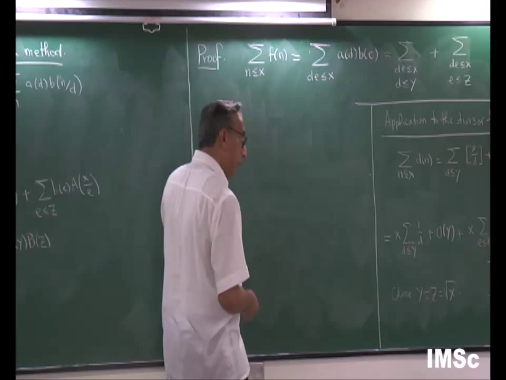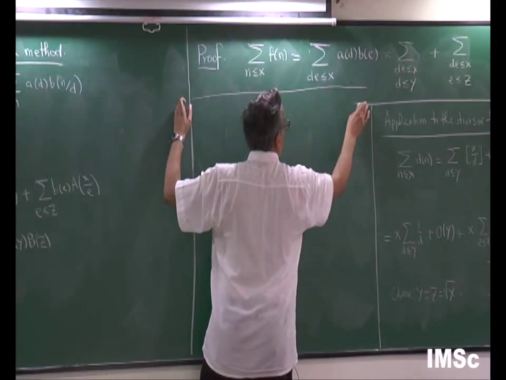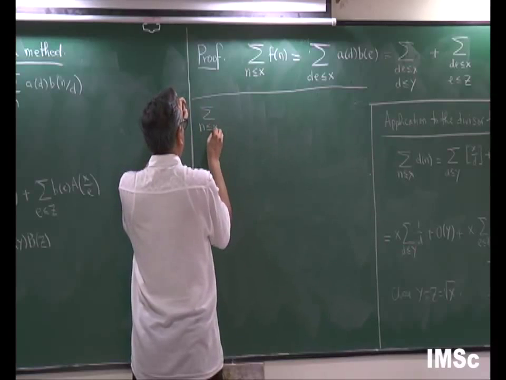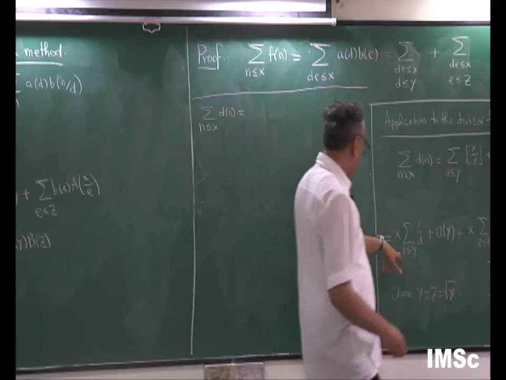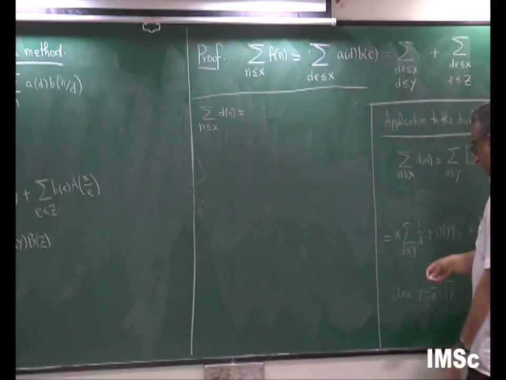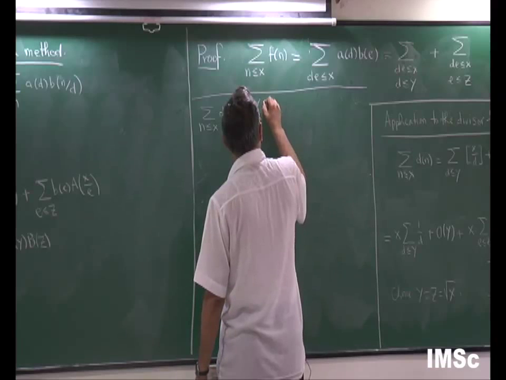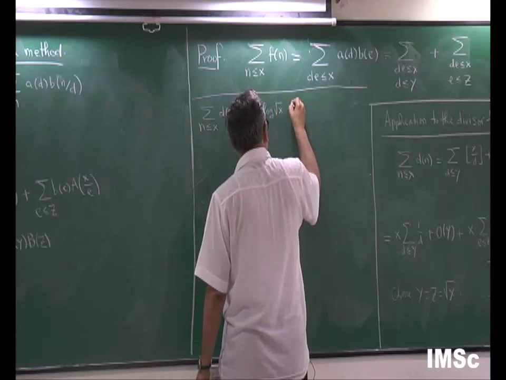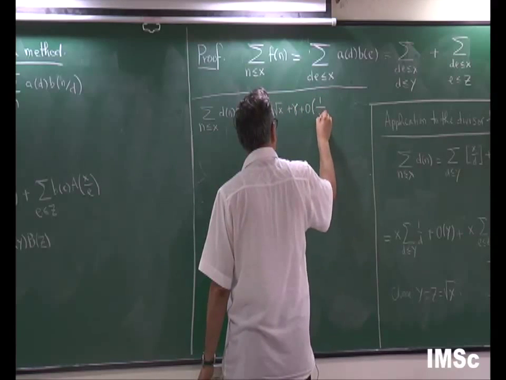So what do you end up getting? You end up getting the summation n less than x of d of n equals, well, this time it's x times log root x actually, rather, plus gamma plus O of 1 over x. Right?